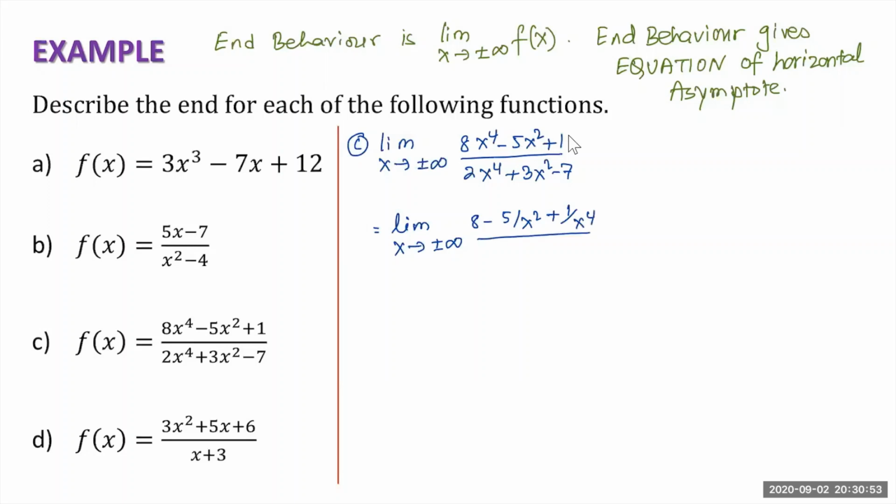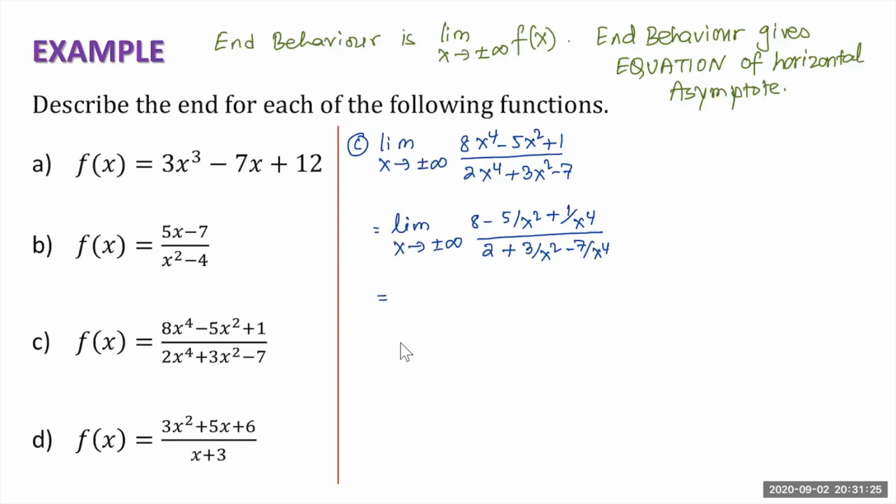Divide that by 2x to the 4 divided by x to the 4, which is 2. Then plus 3x squared divided by x to the 4 is 3 over x squared. And then negative 7, we are dividing by x to the 4, so negative 7 over x to the 4. When x approaches positive or negative infinity, 5 over x squared, 1 over x to the 4, 3 over x squared, and negative 7 over x to the 4, all of them will be approximately 0.